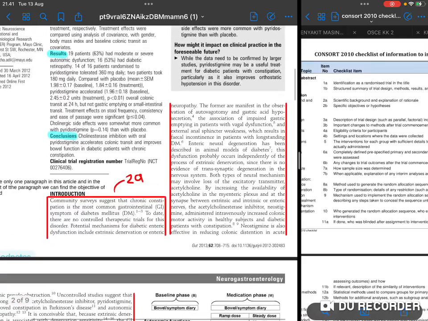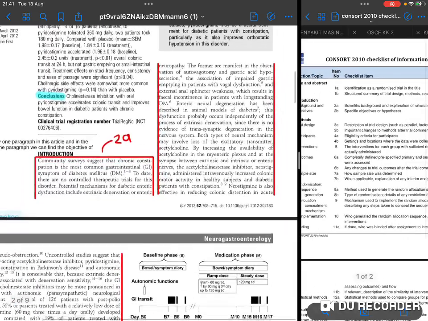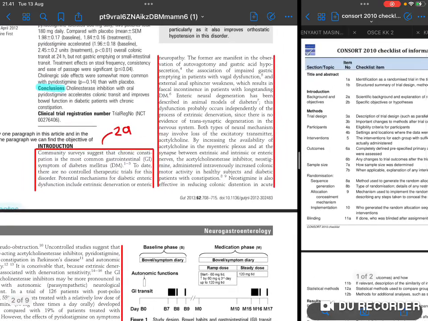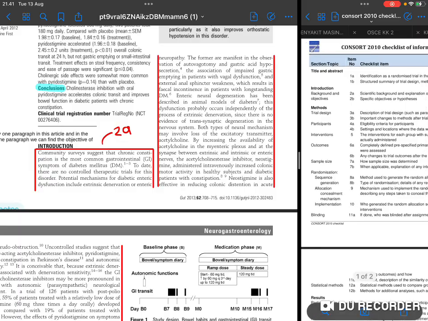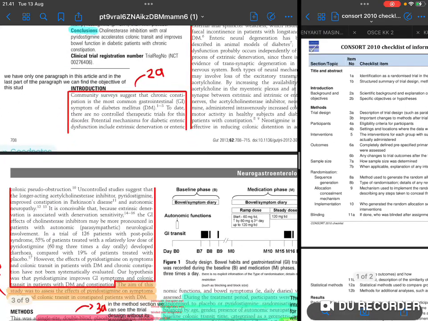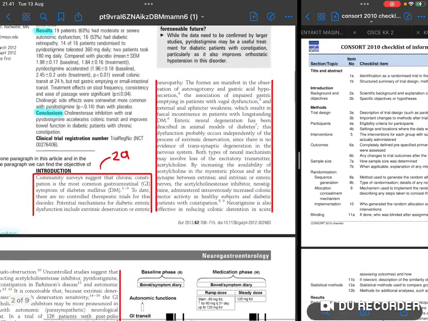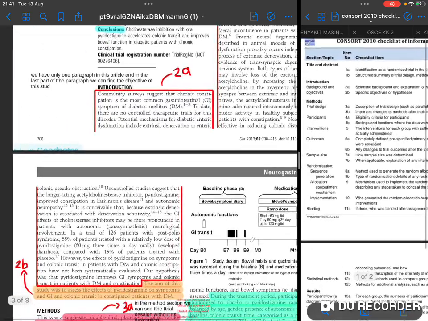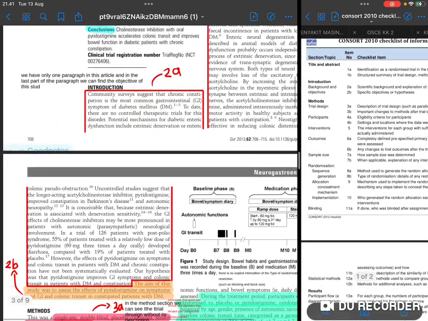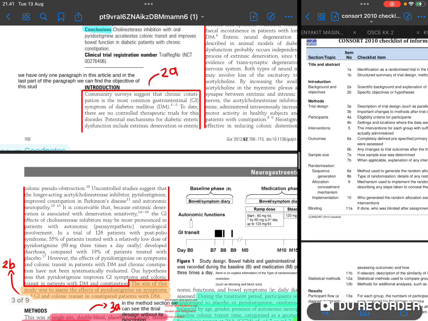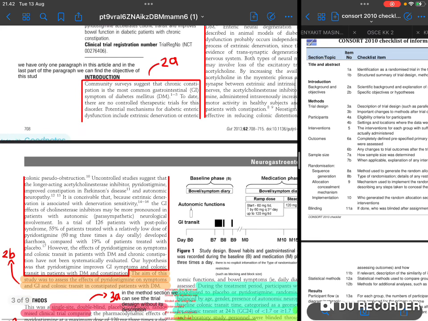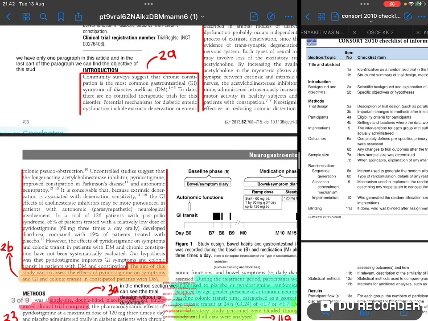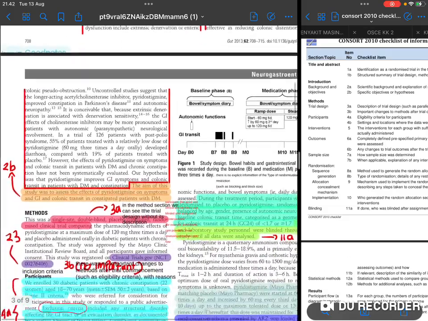And then we move to, in the checklist, there is introduction containing background and objectives. In the introduction, so here we only have one paragraph, and in the last part of this paragraph, we can find the objective of this study.